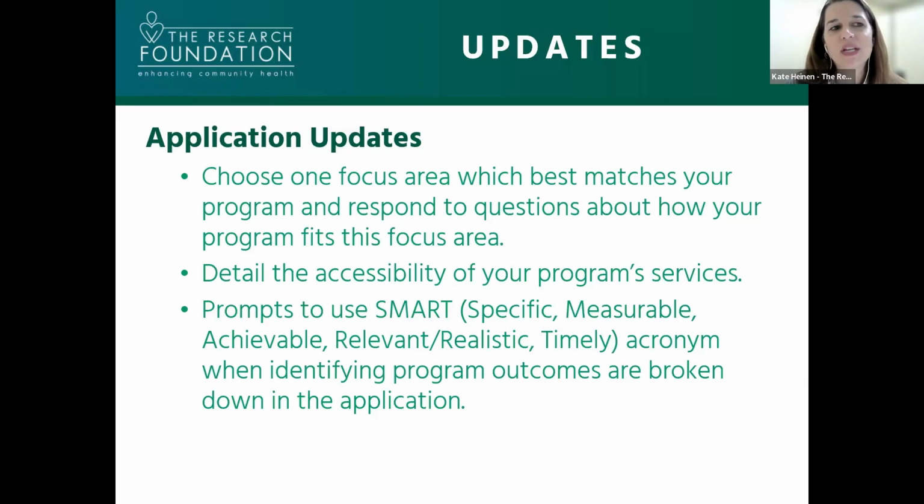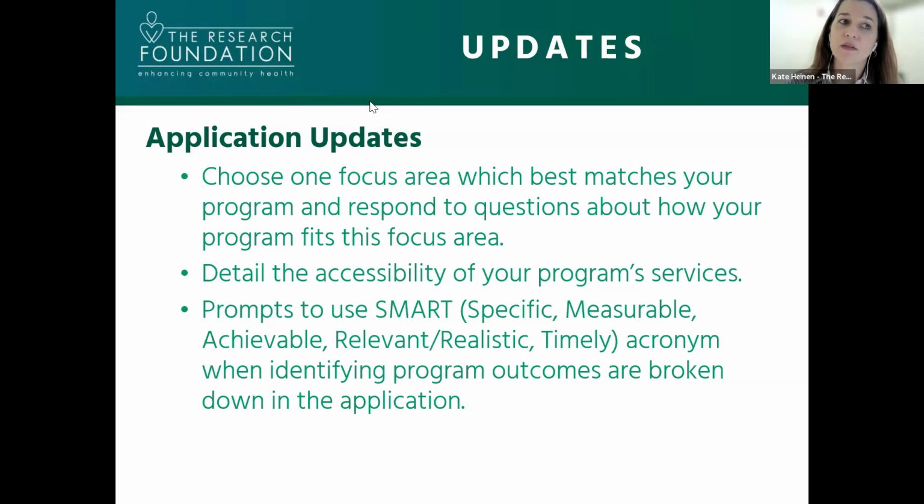There's one question in which we provide an example, but what we'd really like for you to do is walk us, the reader of the application, through how a person goes from not knowing about your program at all, but needing it, to being at your site receiving the services that you're applying for funds for. So how does somebody hear about the program? What are the steps that they need to do to get started with your program? What resources do they need to have?